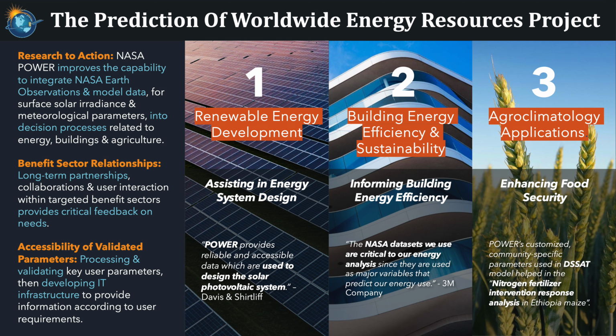Now, in the next 38 seconds, I was just going to talk about our project, which is the cornerstone of the current energy and infrastructure theme, which we call POWER, which is a good name. I like that name. We're really emphasizing taking all the data sets and making them available in ways that folks in the renewable energy community, the building energy and efficiency, sustainability communities, and agricultural can really utilize them.